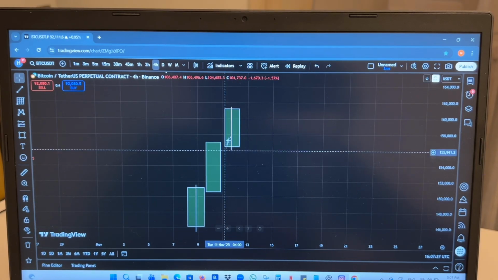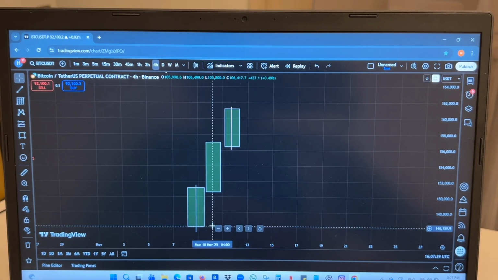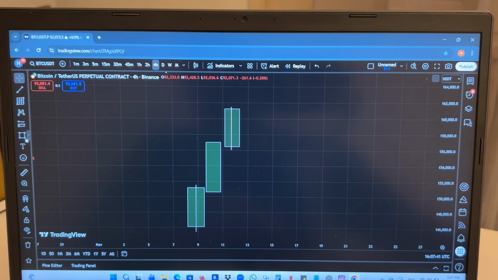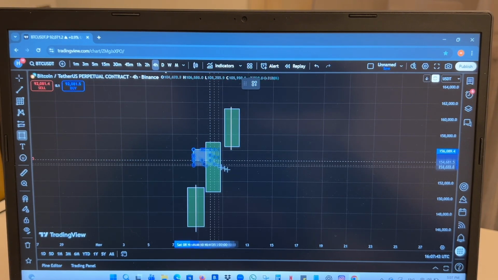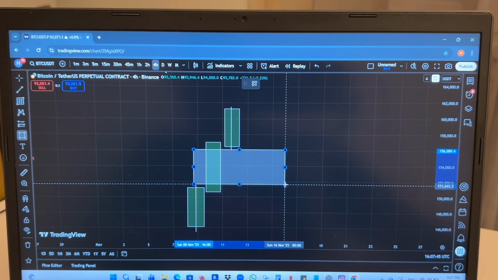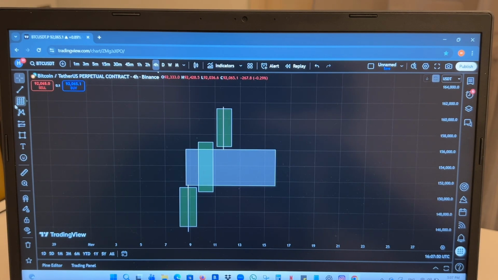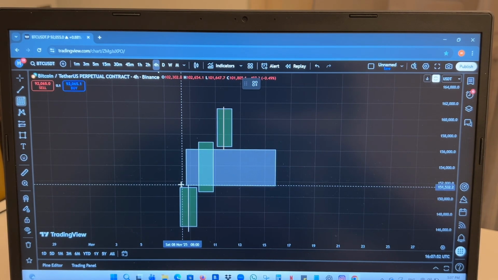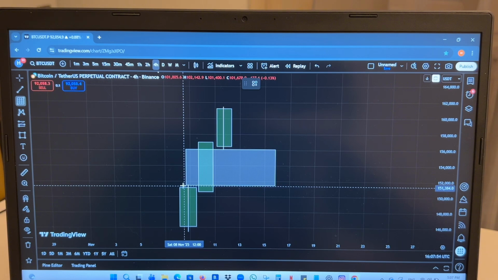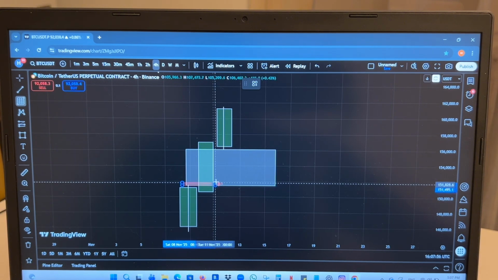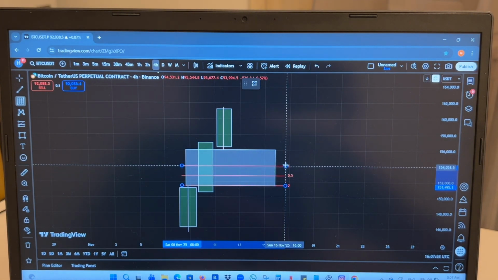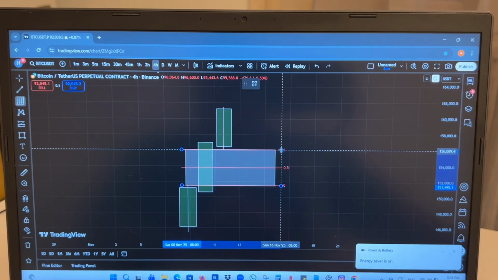So right now this is a liquidity pool in an uptrend. It has made three candles giving us an imbalance. So let's mark that out. This is the FVG. So what we are going to do is use that Gann box tool, and from the lowest point of the FVG, we are going to draw the Gann box until the very top where it ends.